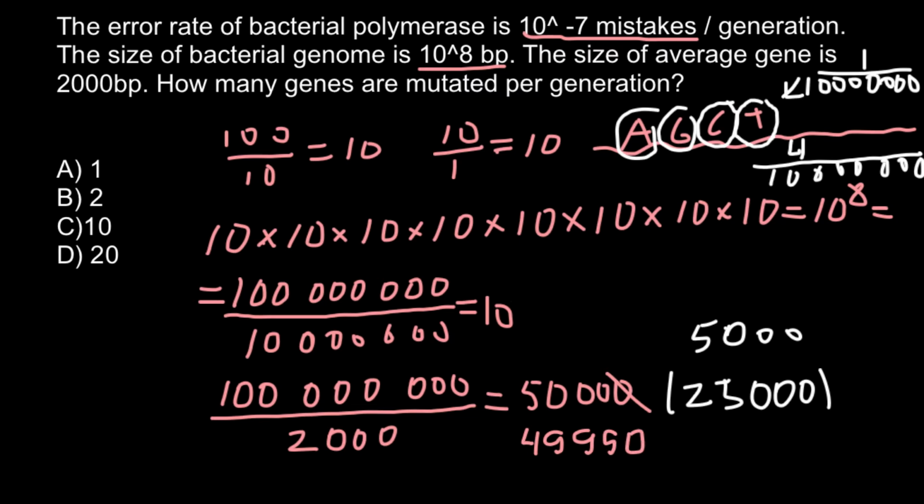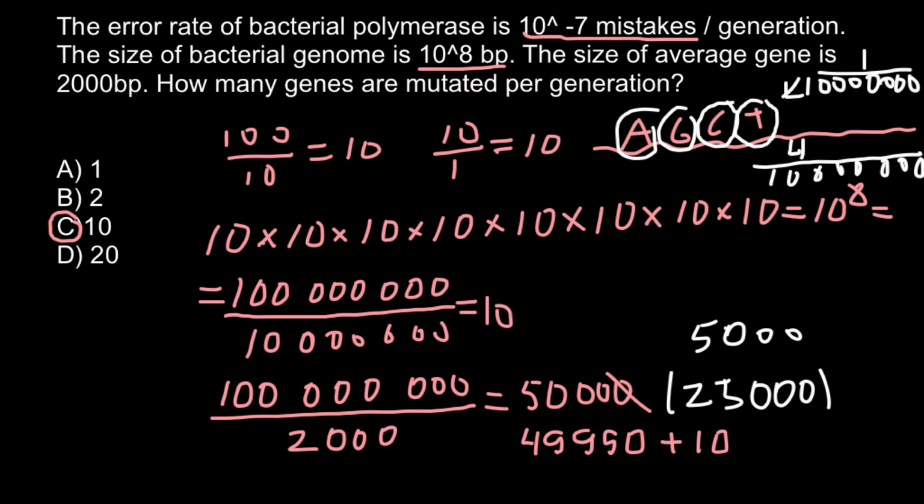So once again, this is the number of genes without mistakes, plus in 10 places we would have about 10 mutations, so we are going to get a total number of genes of 50,000. 10 of them would have a mistake, and the rest wouldn't have a mistake. So as you see, the correct answer would be answer C.